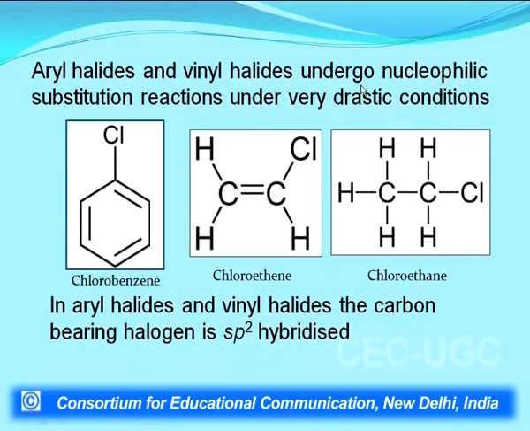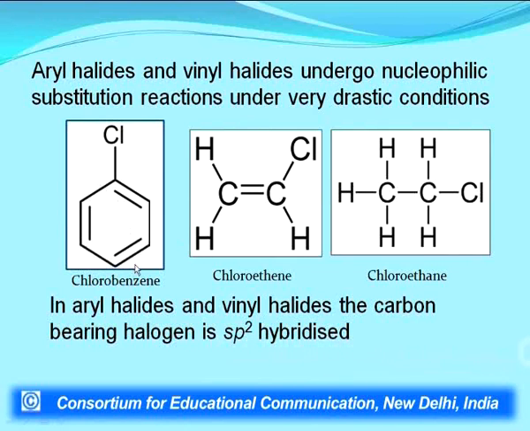Now, what is the difference between alkyl halides, aryl halides and vinyl halides? This is chloroethane. It is an alkyl halide. Here this chlorine is attached to the carbon which is sp3 hybridized, whereas this is chloroethene which represents a vinyl halide. The halogen, that is chlorine, is attached to a carbon which is using an sp2 hybridized orbital.